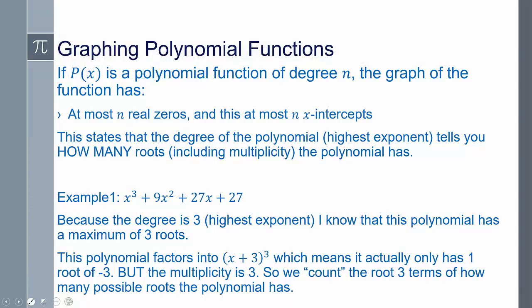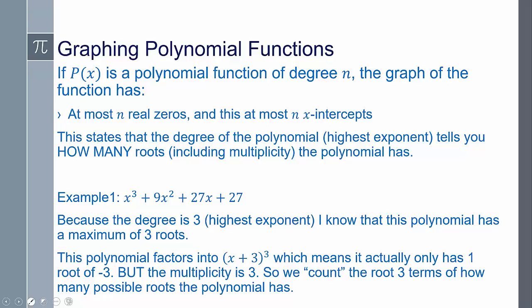So when it comes to a polynomial function, the degree, I'm just going to call it n, the highest exponent, tells you how many zeros are going to be in there. It could have at most n real zeros, which is the same as n x-intercepts.